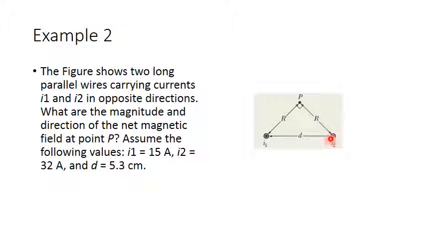For the case of I2, we put the thumb of the right hand inside the screen, and we find our four fingers rotate clockwise. So the magnetic field due to I2 would be normal to R and in the clockwise direction.